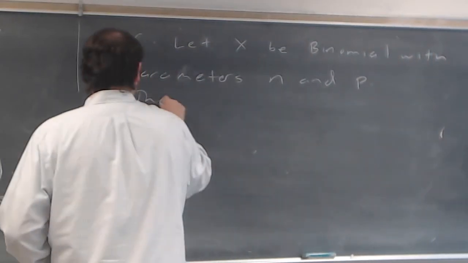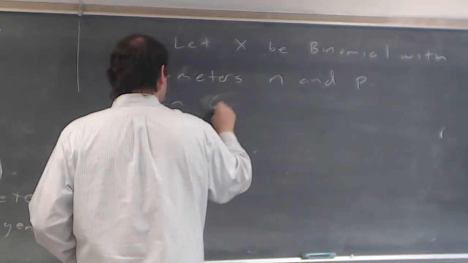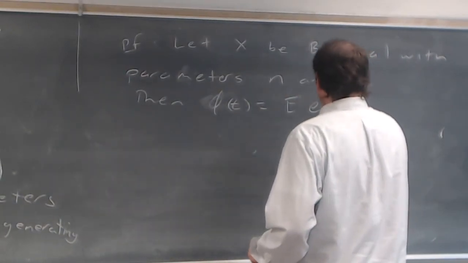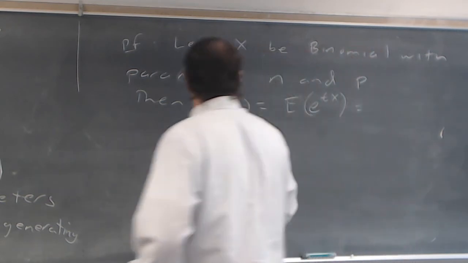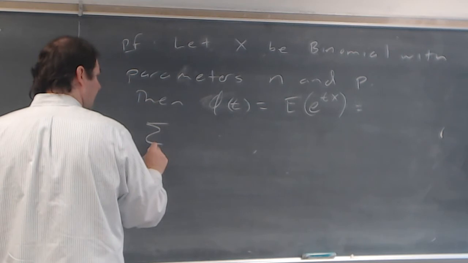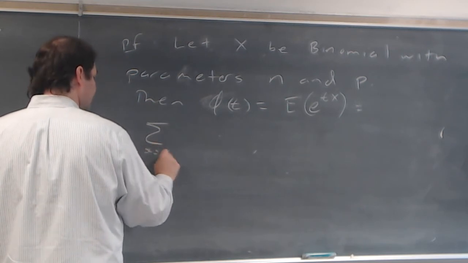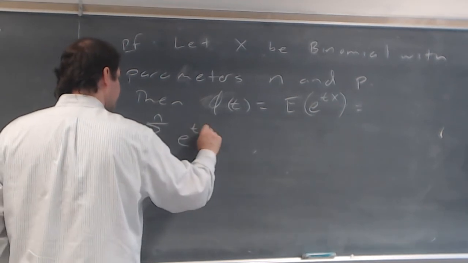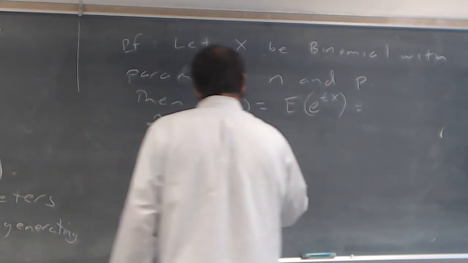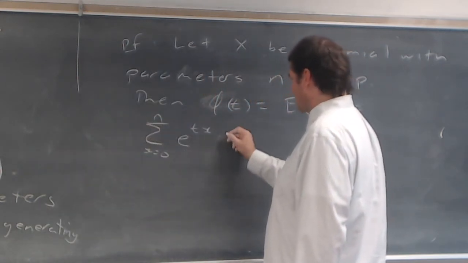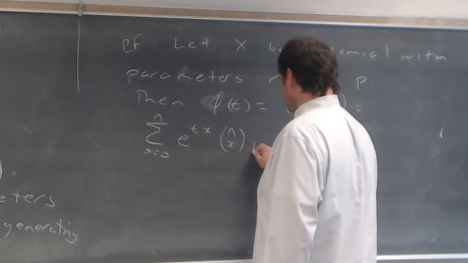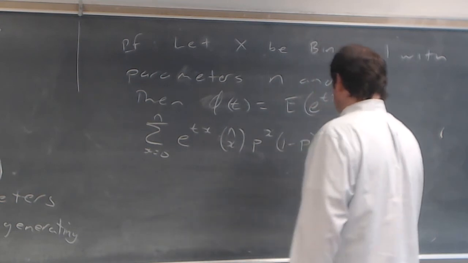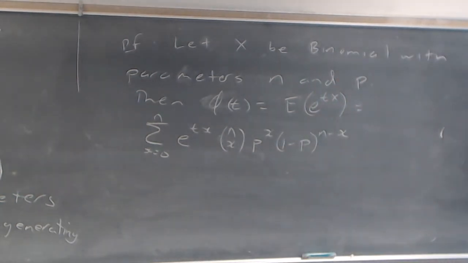Then phi of t is going to be equal to the expected value of e raised to the tx, which is going to be equal to, now this is binomial, so we're going to have a sum, and here the x values can be 0 up to n, the number of successes in these trials, of e raised to the tx, and then we want f of x, the PMF of the binomial, which was n choose x, p to the x, 1 minus p to the n minus x. Okay, that's what we have.